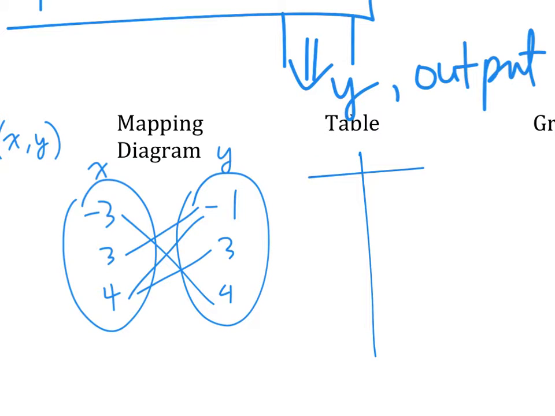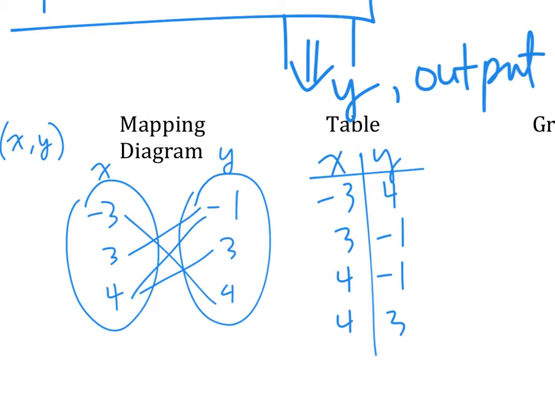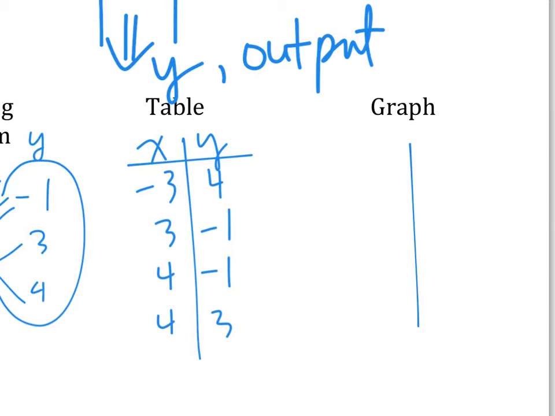Tables are very easy. You just rewrite the whole ordered pair series into a table. So -3 goes with 4, 3 goes with -1, 4 goes with -1, and 4 goes with 3. And then graphing, I'm sure you know how to graph.